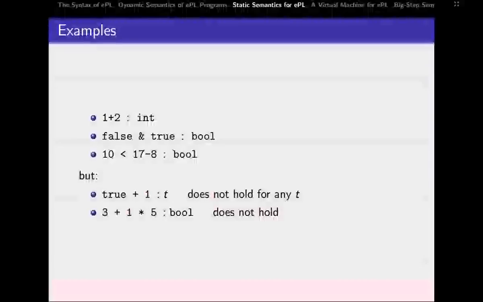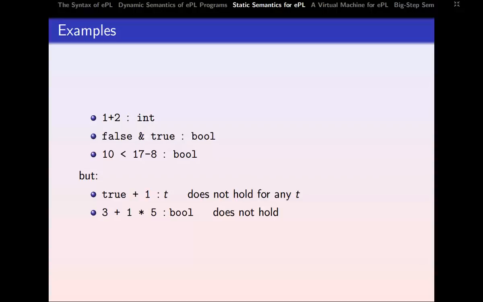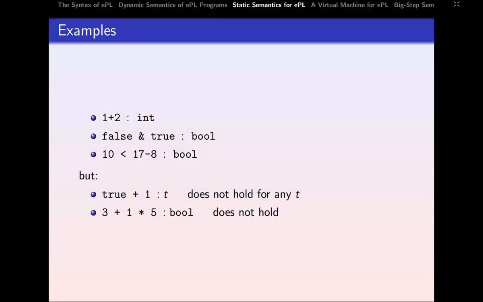Obviously, whenever we have true plus 1, if we want to assign a type t to it, we must infer that that type doesn't exist. We always want to infer the correct type. So if we want to assign bool to an integer expression, that should not hold in our system.